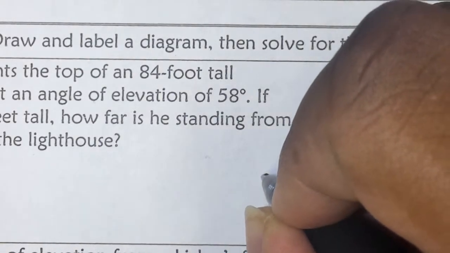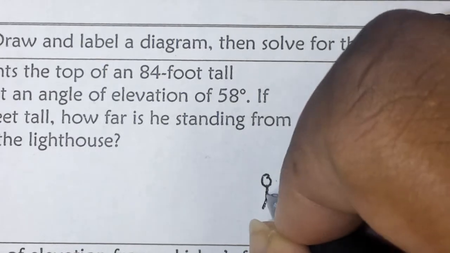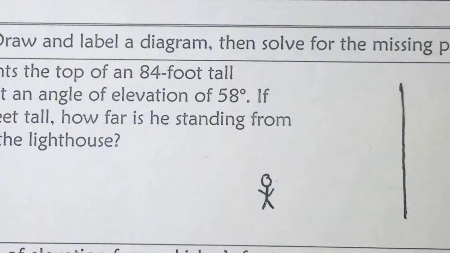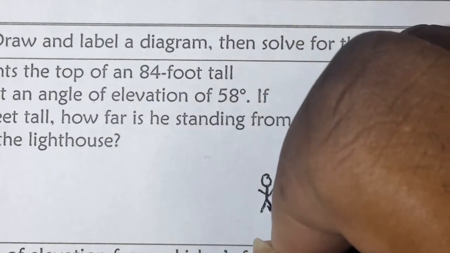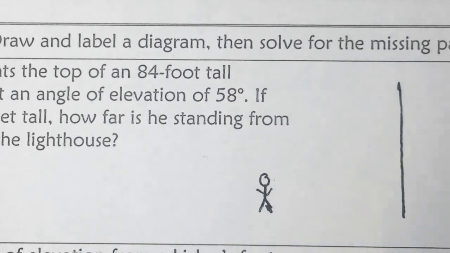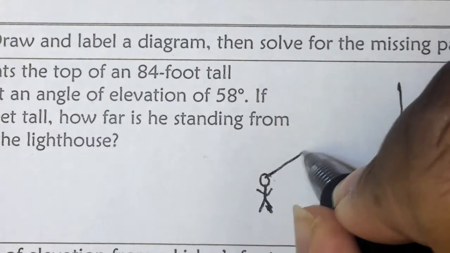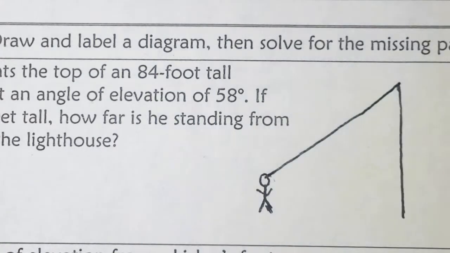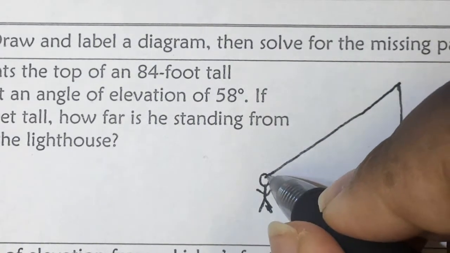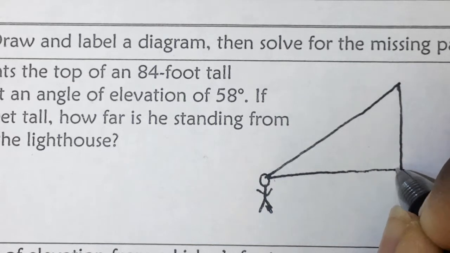Got little Casey over here looking at the lighthouse. Casey from her eye level, she's staring up at this lighthouse. And then you also got to account for the fact that horizontally across from her, that line of sight.